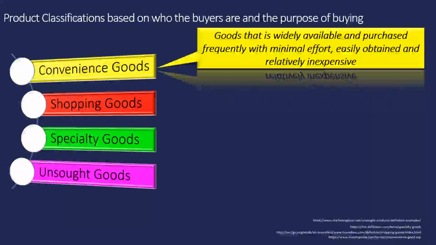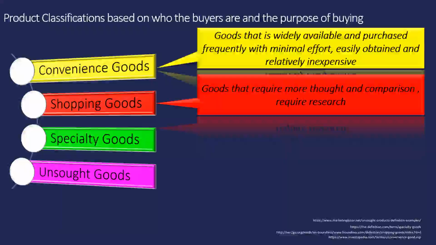Usually we can find these goods at the supermarket or at any small store, like Alfamart or Indomaret over here, which have some of our daily needs. And as I said, we will purchase it frequently because we need it. We use it almost every day.